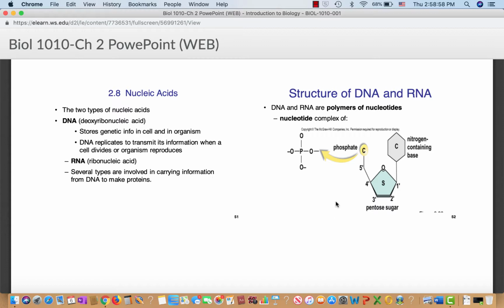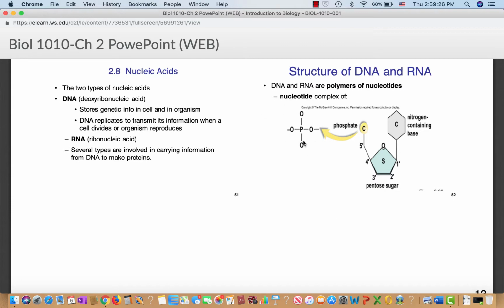Nucleic acids, you have 2 different nucleic acids. You have DNA and RNA, and the difference between them is which sugar you're using. In DNA, it's deoxyribose, and in RNA, it's ribose. Both DNA and RNA are polymers of nucleotides and consist of a phosphate, a pentose sugar, and a nitrogen-containing base.